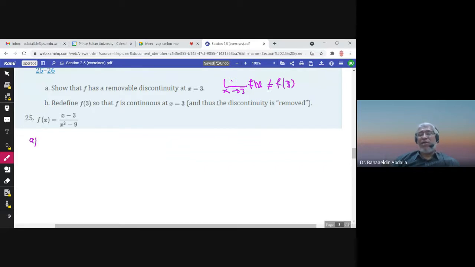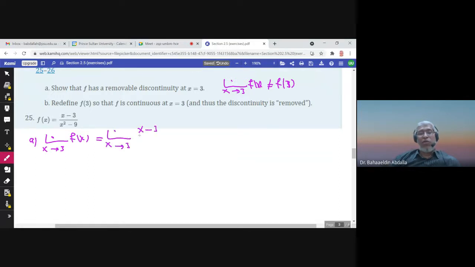This means that we can make the limit equal to f of 3, and we make it continuous. So let us find the limit of the function when x approaches 3.